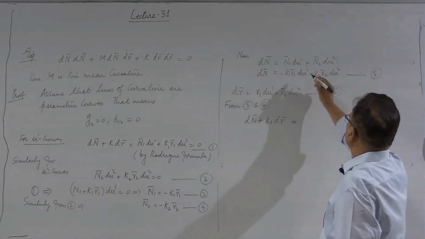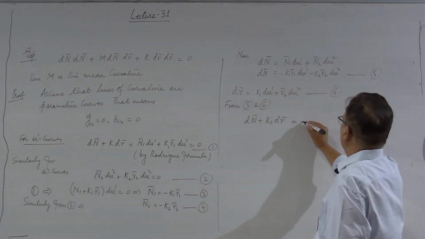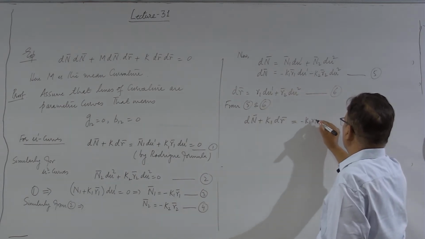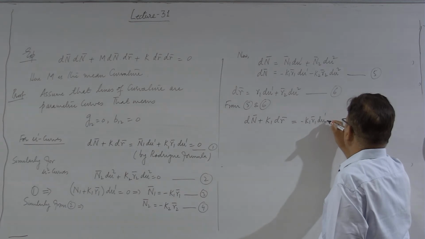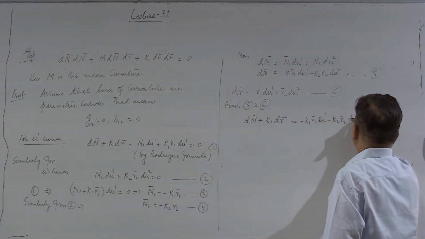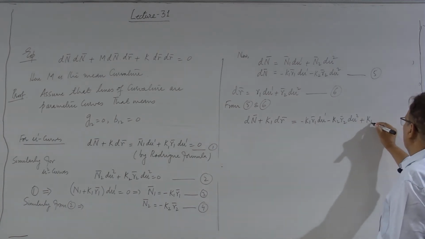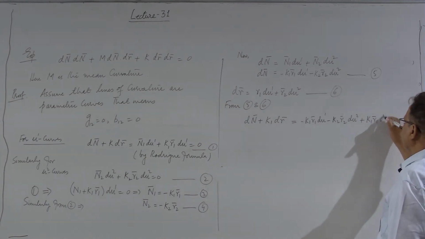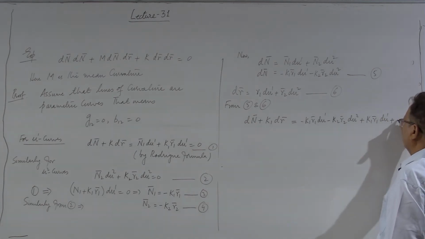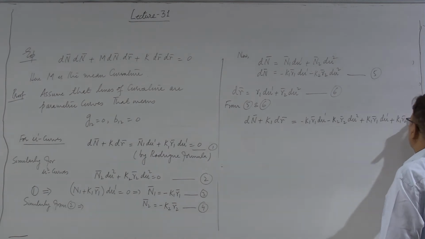So, dn is there, so this is here: minus k 1 r 1 du 1 minus k 2 r 2 du 2 plus k 1 r 1 du 1 plus k 1 r 2 du 2.